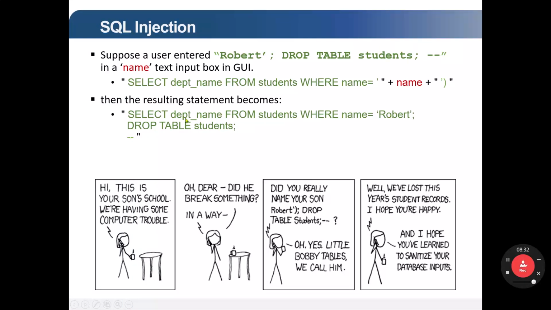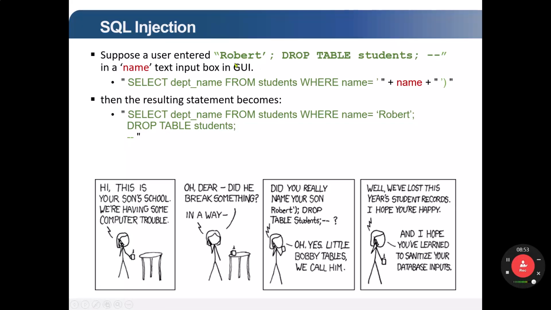We have a simple select statement where we find the student with the name Robert, but then we have a semicolon here. This will be executed as a single query statement, and then we have another statement saying that we want to drop the student table.